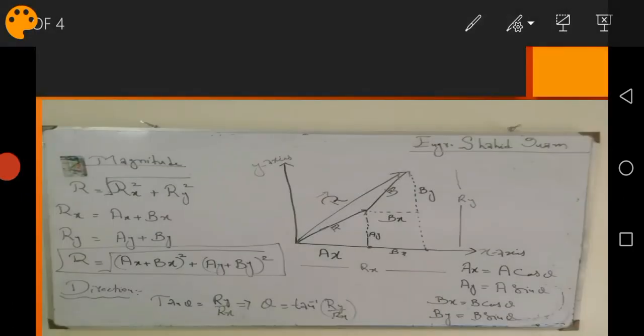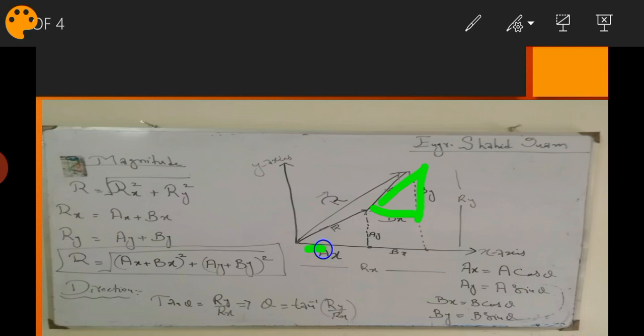Now here the x component of vector A is ax, and the y component of vector A is ay, whereas the x component of vector B is bx, and this one is the x component of vector B. This is the y component of the vector B. So one triangle is this.